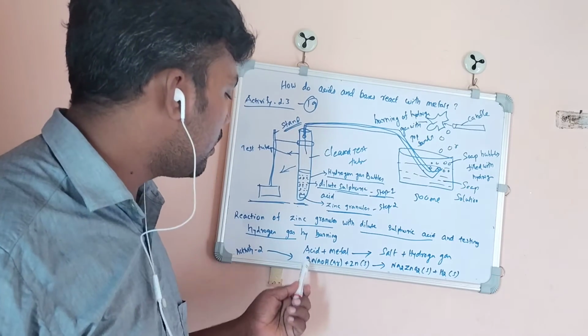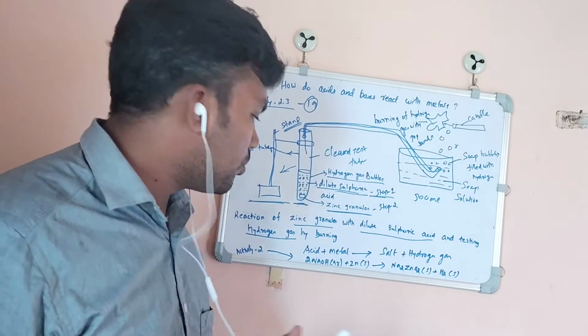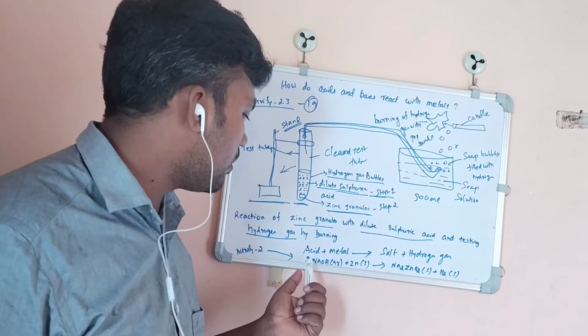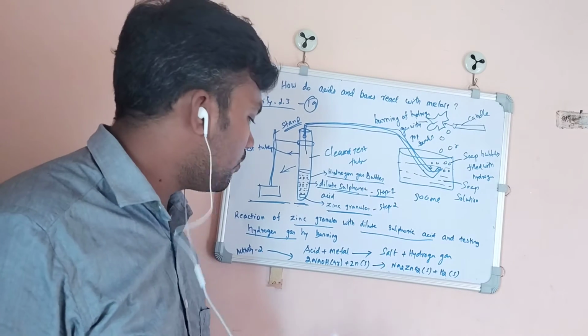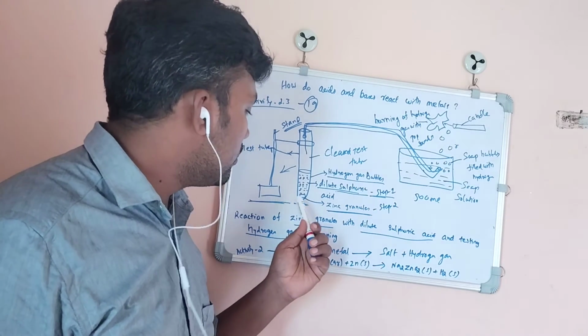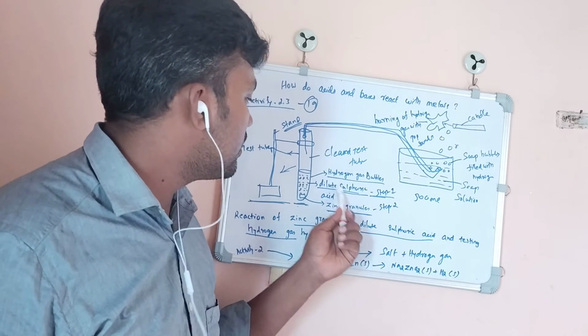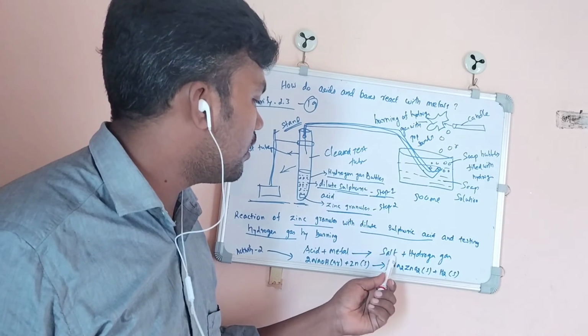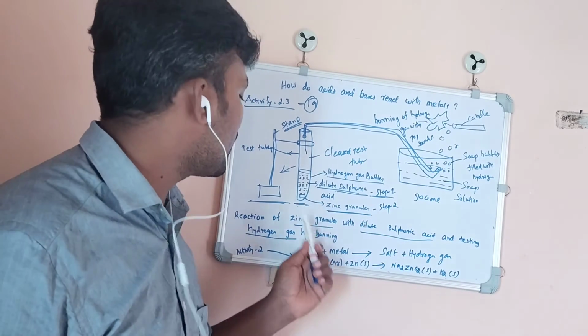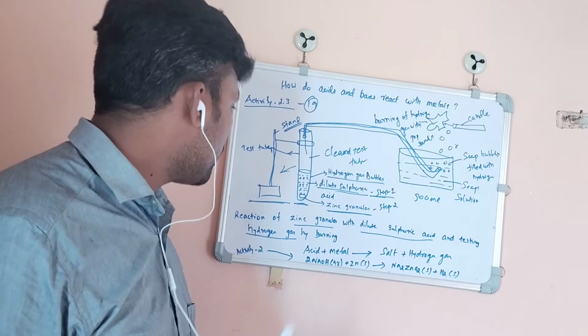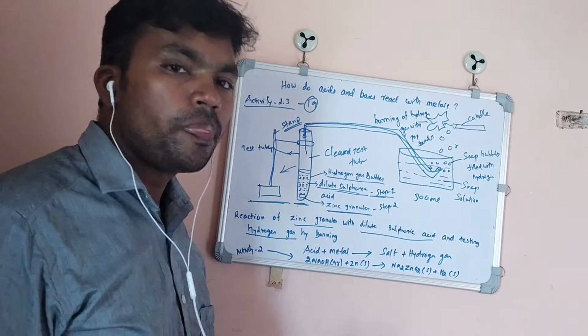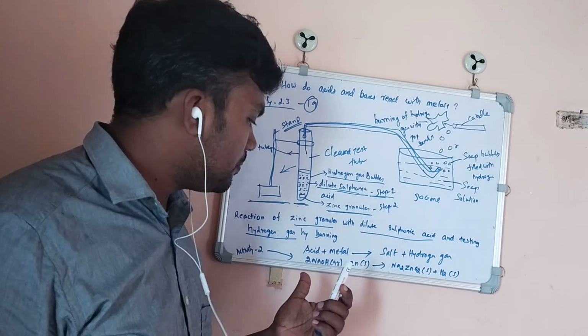I request all of you to write the reaction yourself for zinc granules with the sulfuric acid to form salt plus hydrogen gas. For activity 2.4, you can follow the same setup.